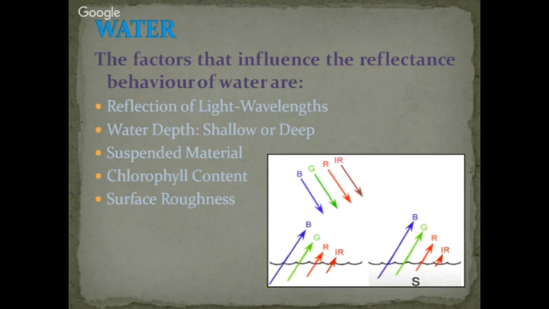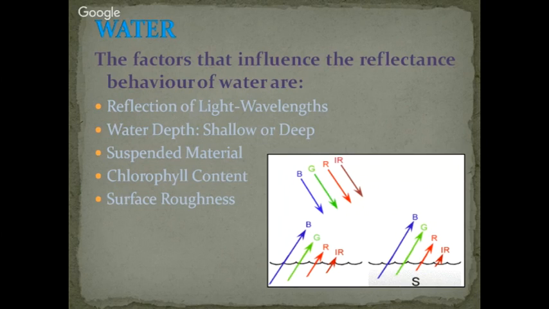Water bodies reflect maximum energy in the shortest wavelength, that is the blue band, whereas green, red, and infrared are absorbed in higher proportion, and that is why any water body appears as blue or in different shades of blue to us, because it reflects maximum of the shortest wavelength in the visible spectrum, which is the blue wavelength, 0.4 micrometers to 0.5 micrometers.